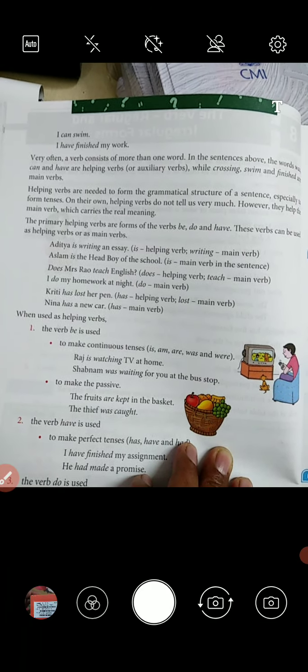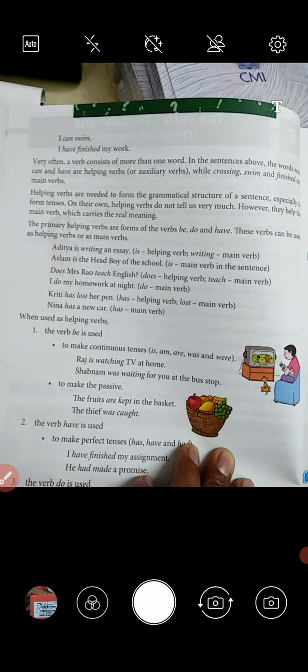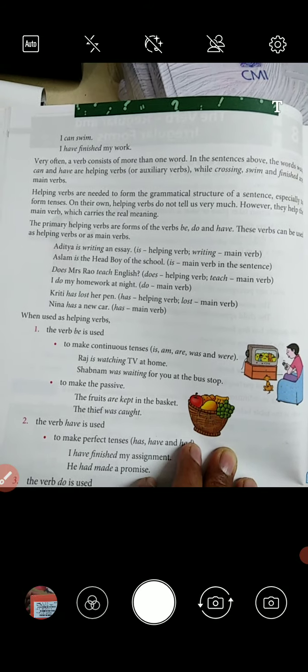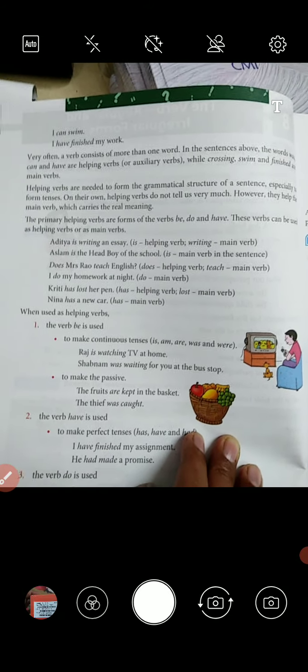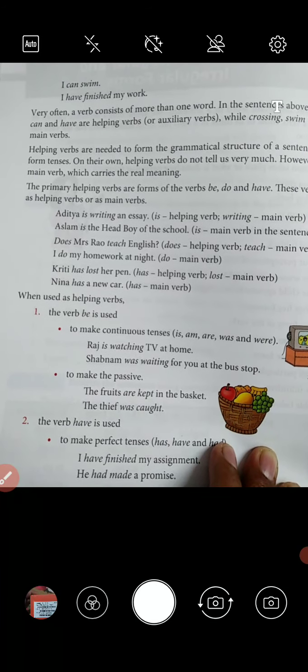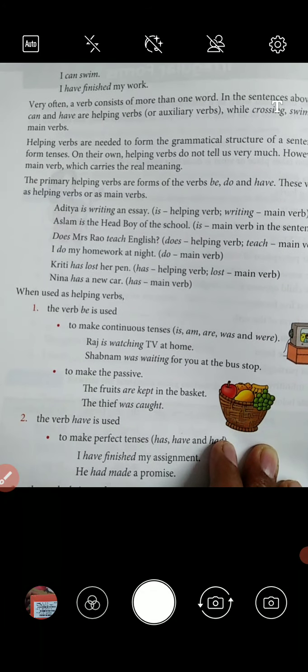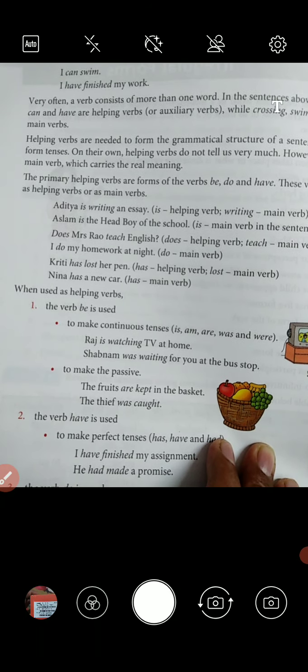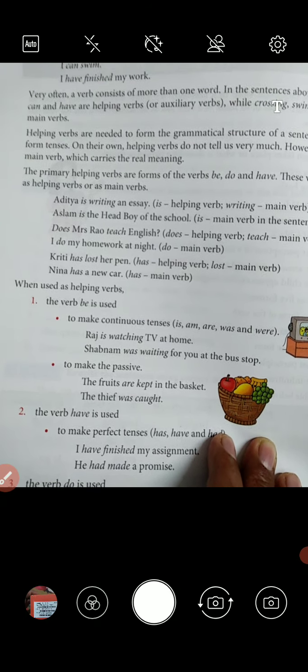So she has lost, that is the action. So lost is the main verb and has is a helping verb or auxiliary verb. Now the next sentence, Nina has a new car. So here what does she have? She has a new car. So has is the main verb.